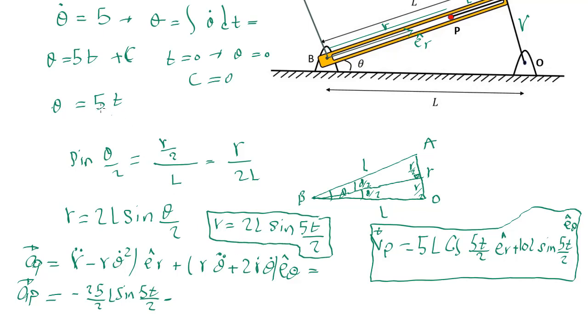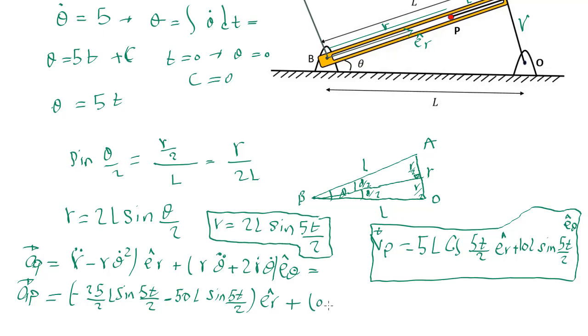So we have theta dot equal to 5, so theta dot squared is 25 times R. So that's going to be minus 50 L sine 5t over 2. This is going to be in the ER direction plus, for the E theta direction, we have R theta double dot. So theta double dot is equal to 0 because theta dot is equal to 5, constant. So that term is equal to 0.